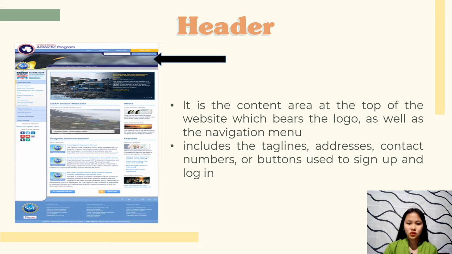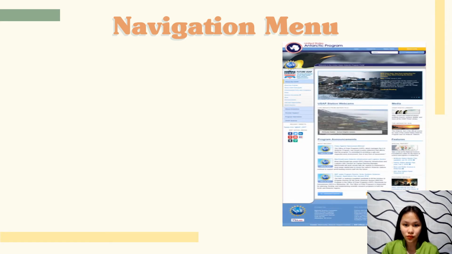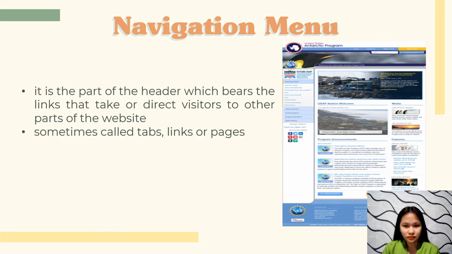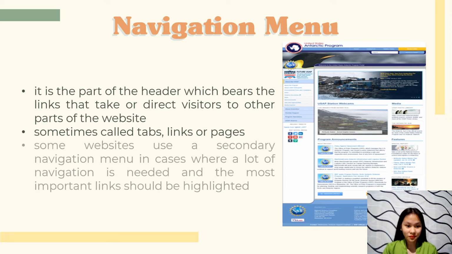Alright, so let's move on to another part of a website, navigation menu. So what is navigation menu? It is a part of header which bears the links that direct visitors to other parts of the website. So it is also located in the header, and it is sometimes called tabs, links, or pages.